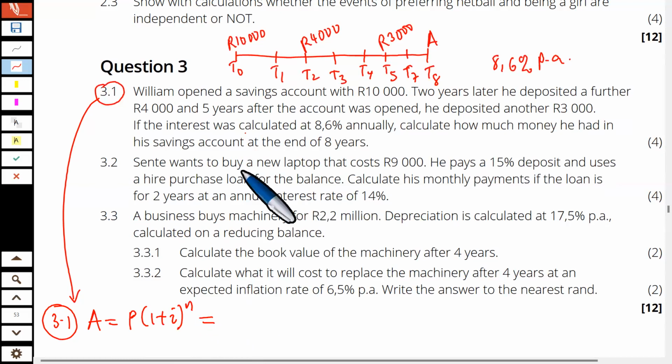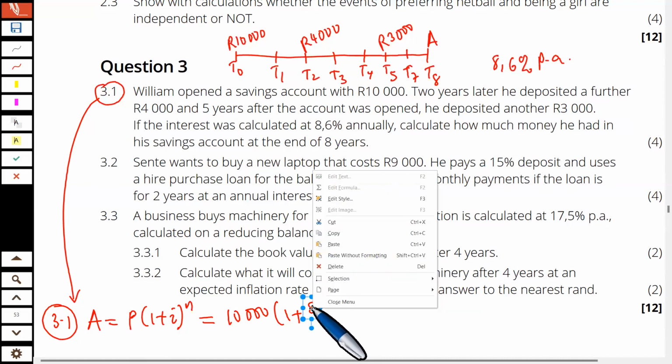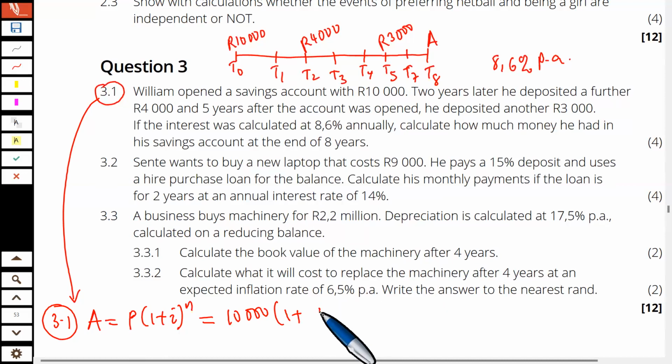We're going to start by saying the 10,000 Rand that was used to open the account, times 1 plus the interest rate of 8.6%, which you can write as 0.086, raised to the power.